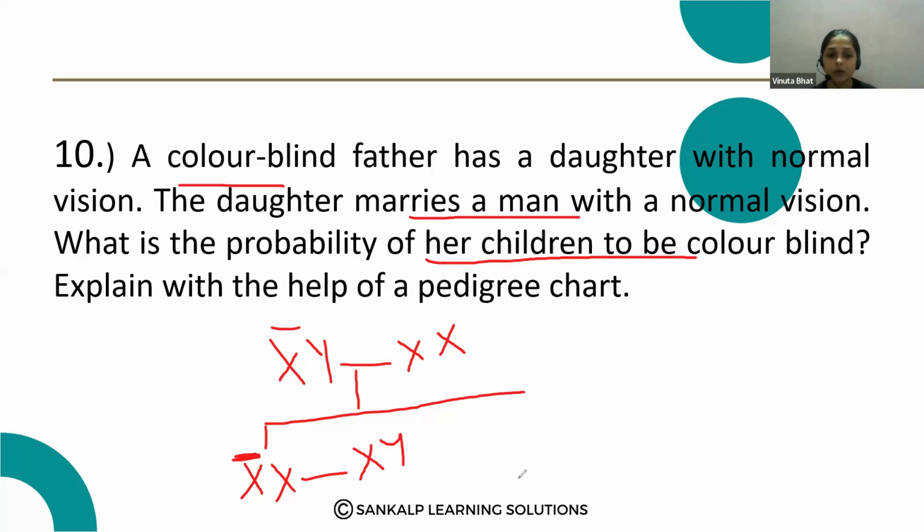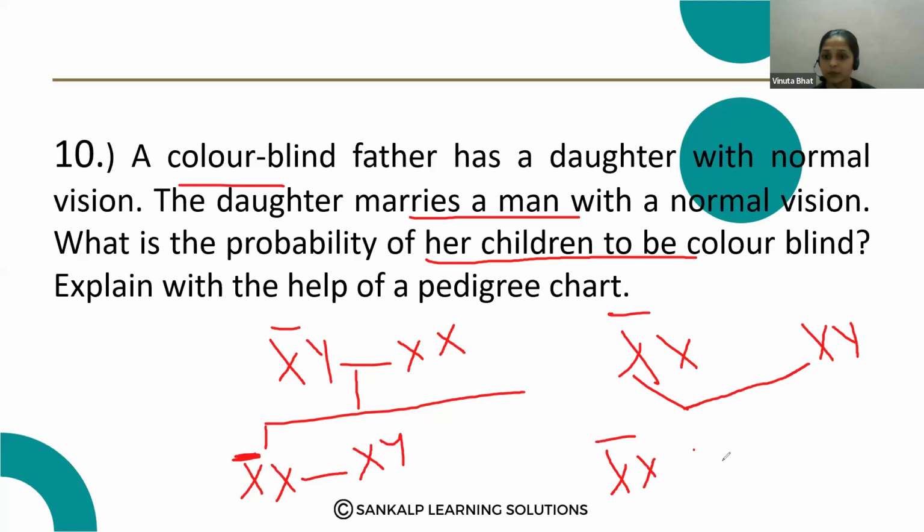See here, this is the X, she is the carrier, and X, and the man has normal vision. So there is a chance of X. Females are not affected, but there is a chance of affecting the sons.